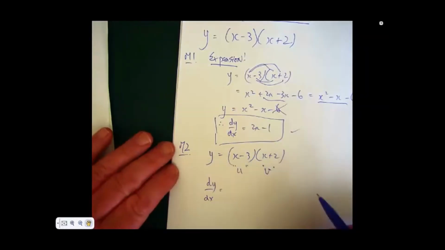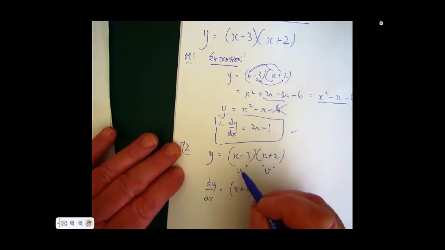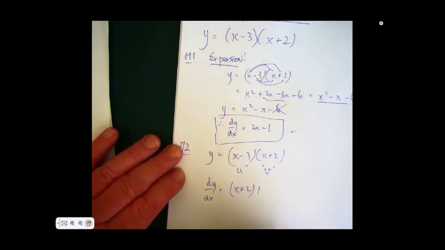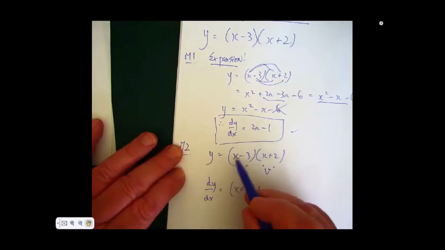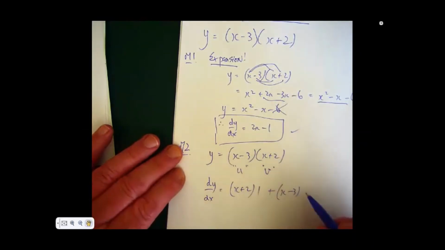If we do it in the order in the book, it'll be v, which is that, du/dx. Now du/dx is the differentiated form of this, which is simply 1 because there's only one x there. Multiply by the power, drop it by 1, plus u dv/dx. And again, this differentiates to 1.